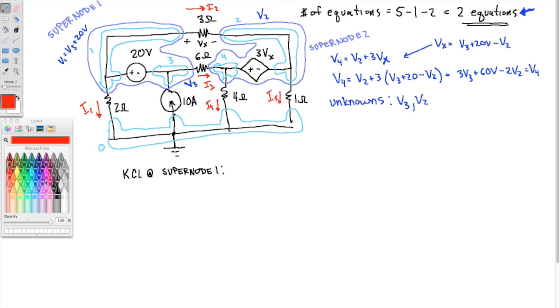Alright, so KCL at supernode 1, what do I have entering this purple blob? Just the 10 amps. And I've got I1 leaving, I've got I2 leaving, I've got I3 leaving.